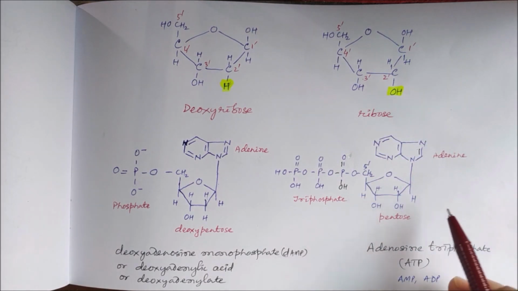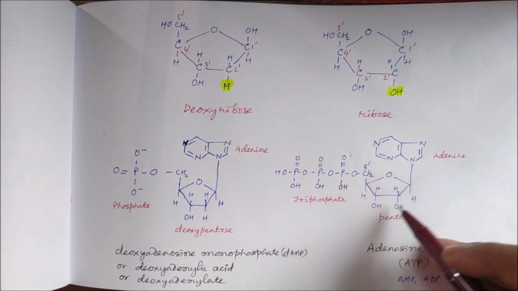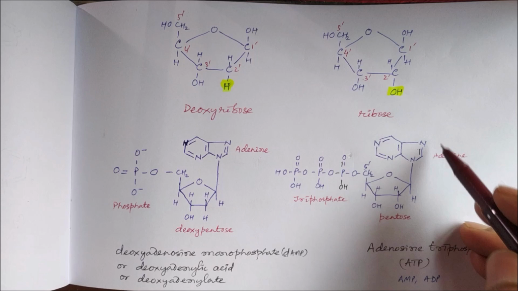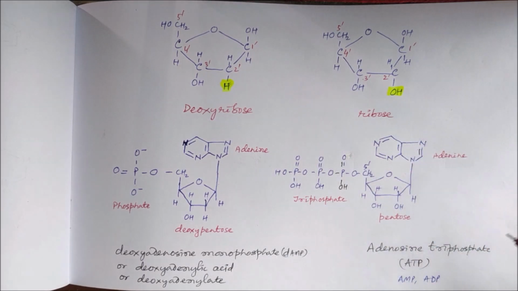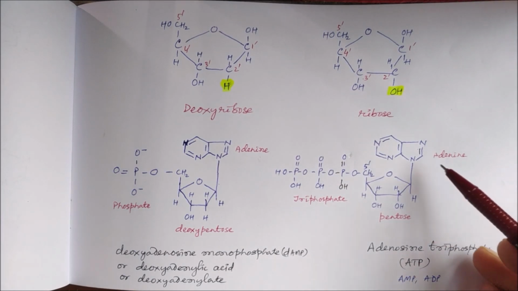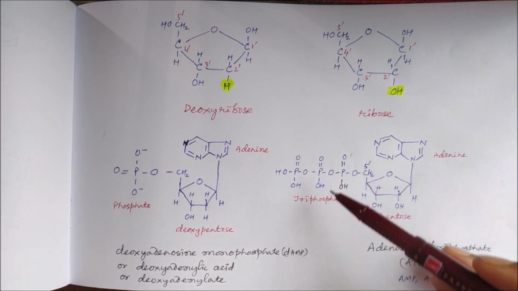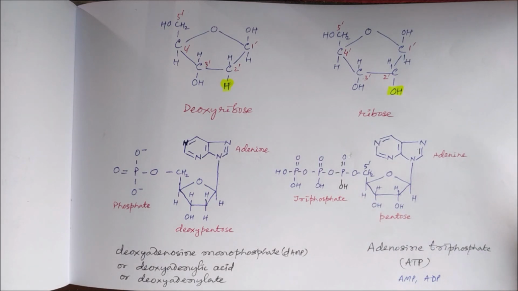Here in this example, we have the adenine base, the sugar is the pentose sugar, and this base plus sugar is the nucleoside. So here the base is adenine, so the nucleoside is adenosine. And then with a phosphate, it becomes adenosine monophosphate, with 2 phosphates, adenosine diphosphate, and with 3 phosphates, it becomes adenosine triphosphate.